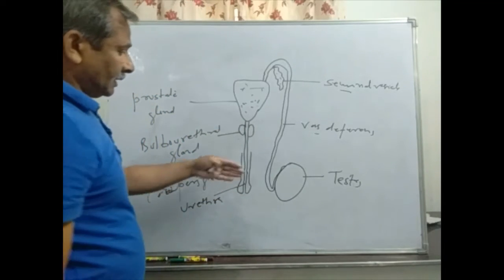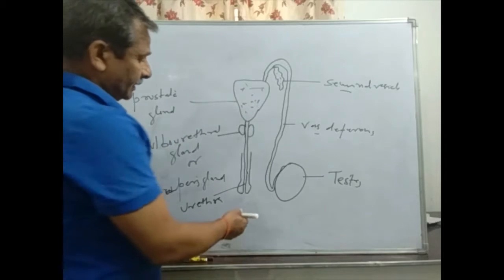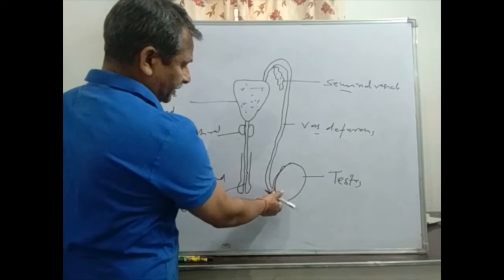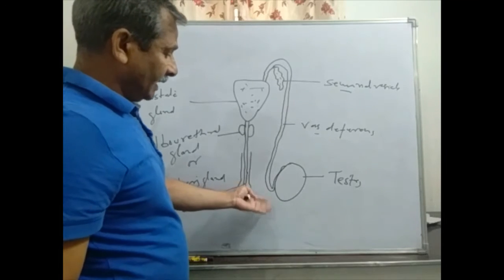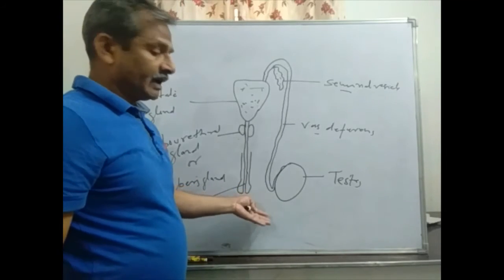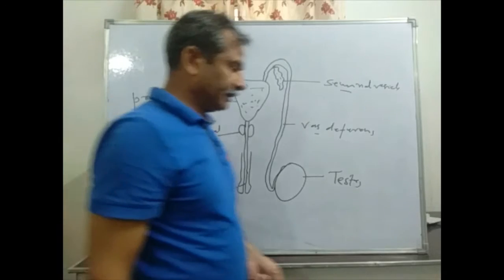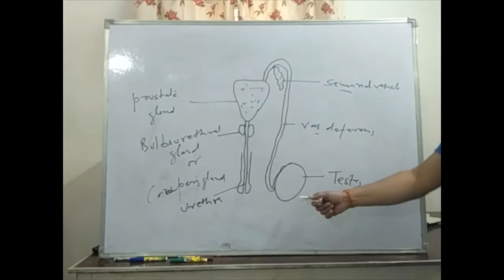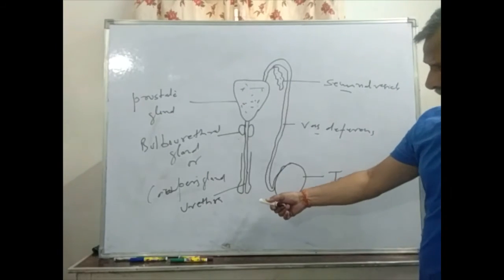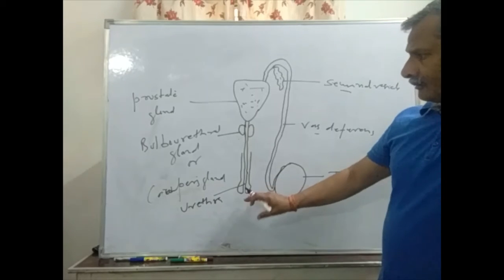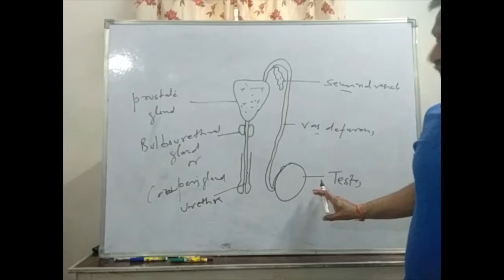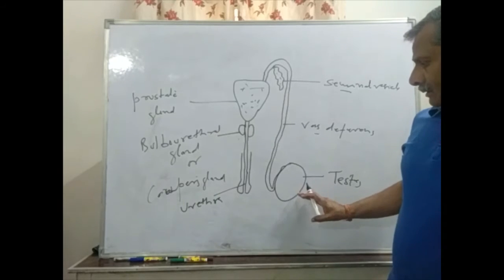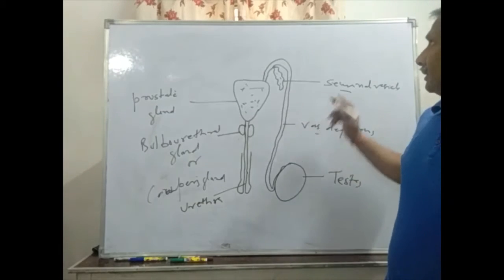So from the outer view, this is the testis. They are located in the scrotum. The scrotum, as we know, is outside of the abdominal cavity. During the development of the fetus, the testes are inside the abdominal cavity.